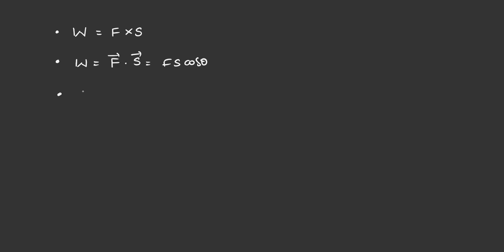Then the CGS unit of work done is erg. The SI or MKS unit of work done is joule. We have also seen that 1 joule is equal to 10 to the power of 7 ergs. This is work done, its mathematical expression and units.